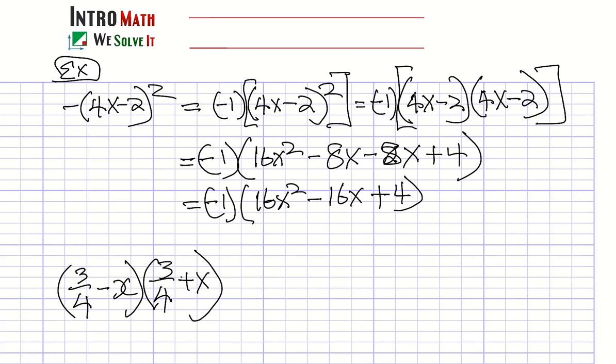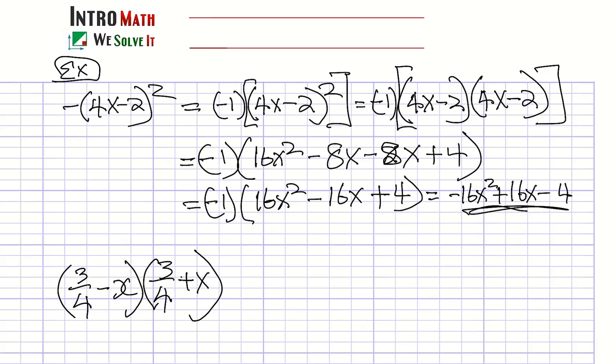You see that, right? Then you remove the bracket. Once you remove the bracket, what you have is negative 16x squared plus 16x minus 4. That's all you get there. I don't think we left anything behind. That's correct.